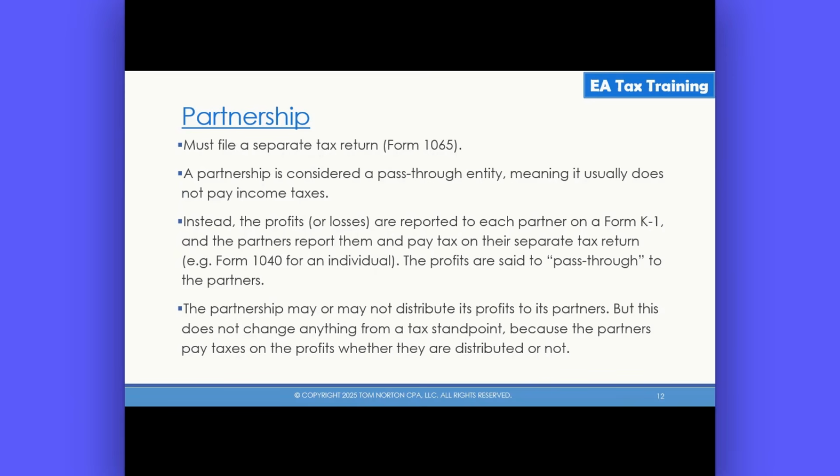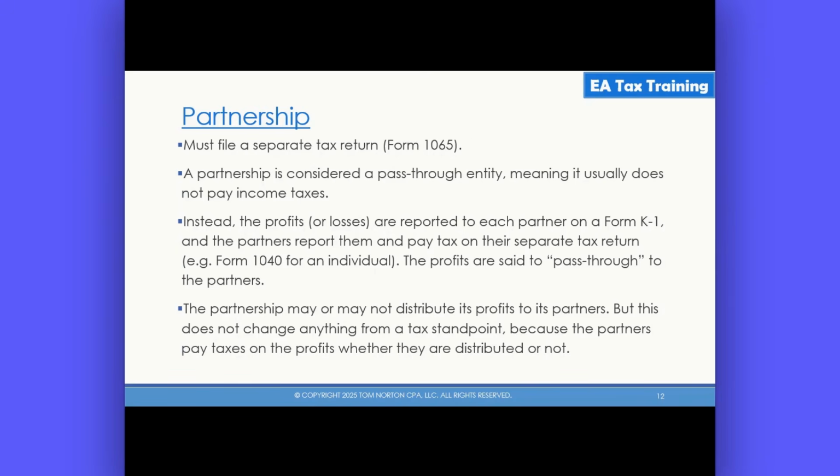Instead, the profits or the losses are going to be reported to each partner on a Form K-1, and the partners will then report those profits or losses on their separate tax return. For example, if the partners are individual people, then they will report that income or those losses on their Form 1040. So the profits are said to pass through to the partners.